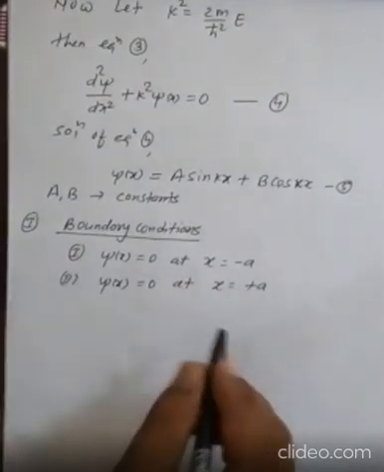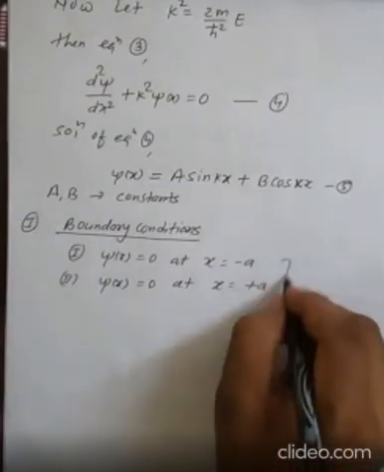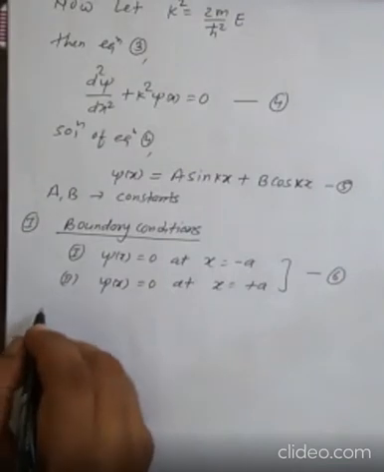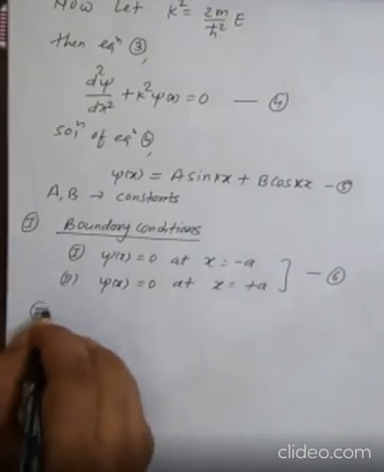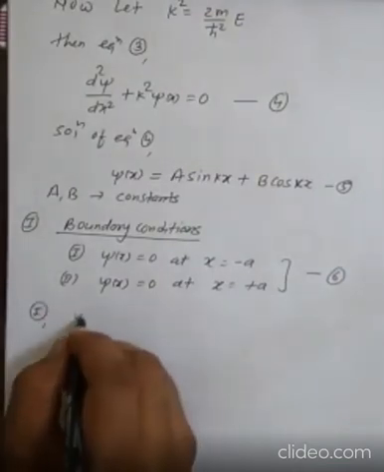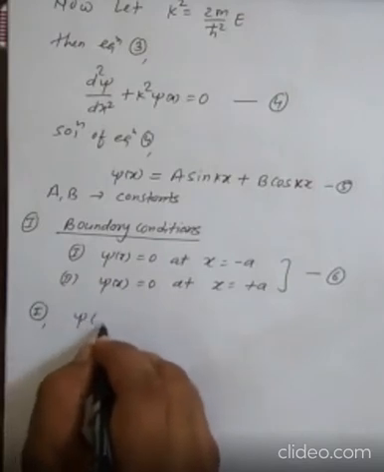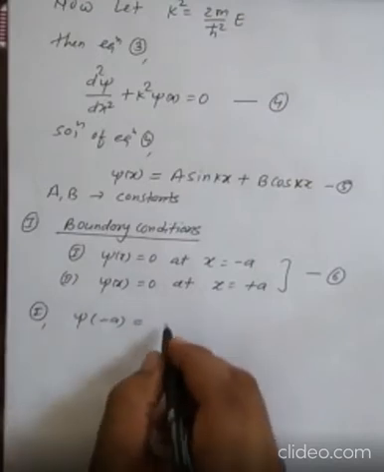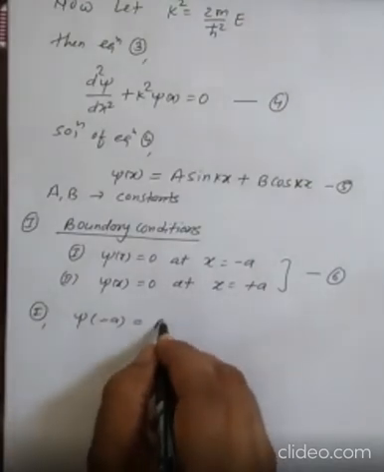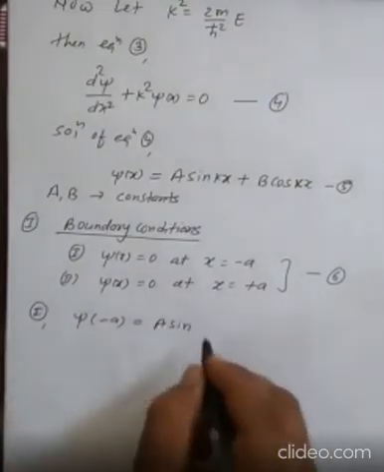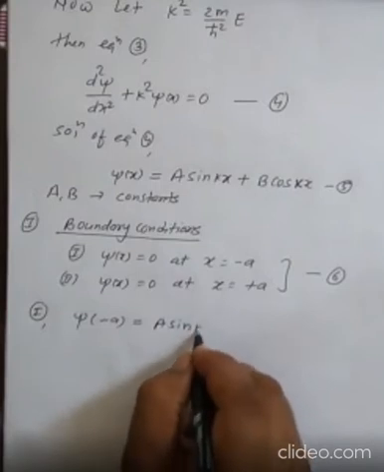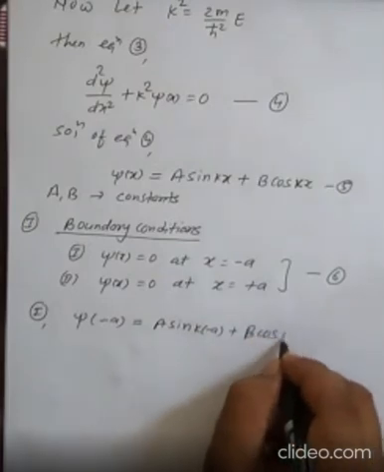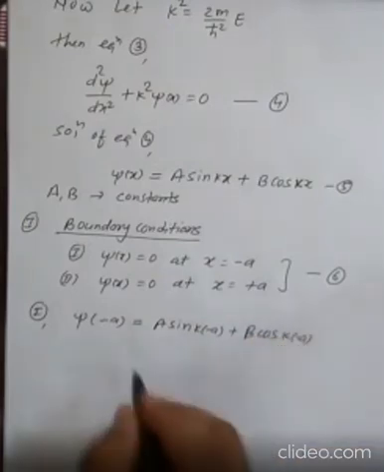So if I use both of these boundary conditions in equation 5, then if I use this one, A sin k(minus a) plus B cos k(minus a).